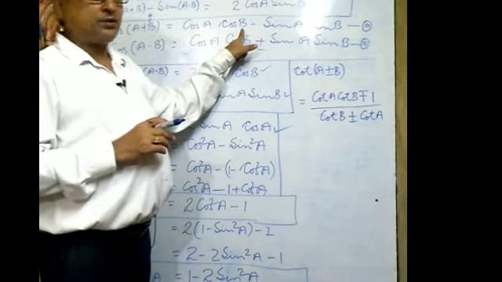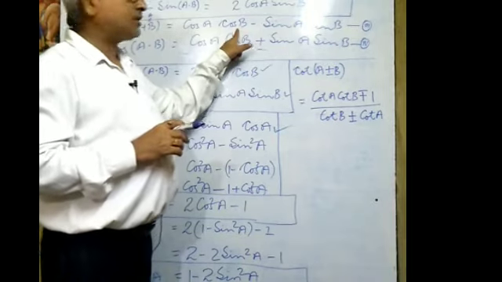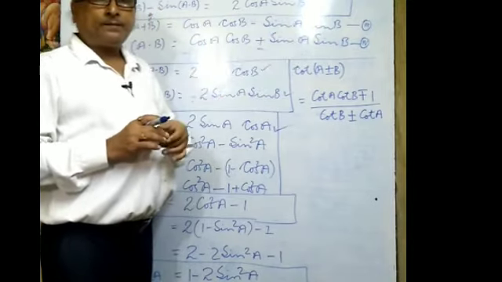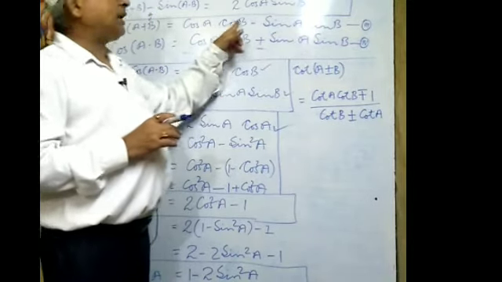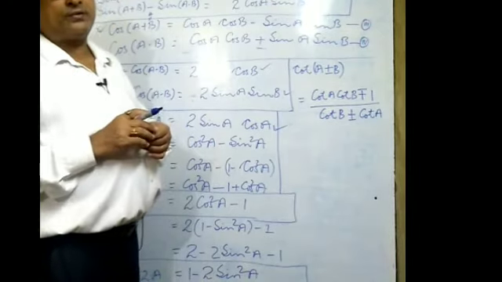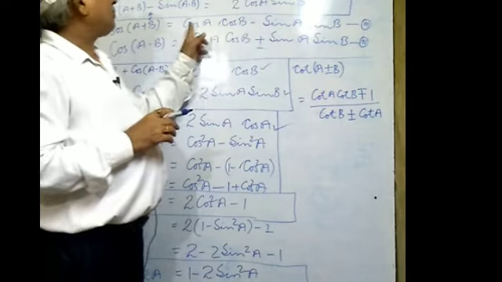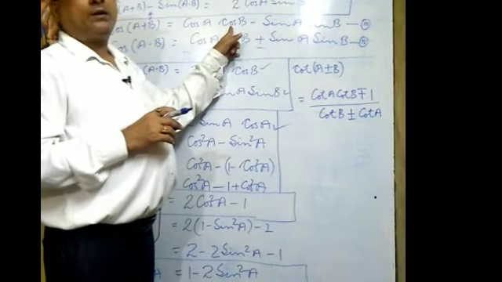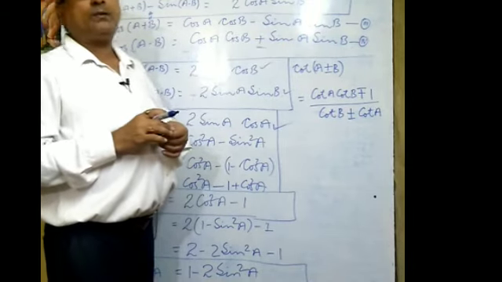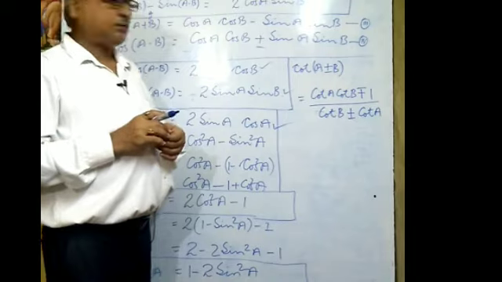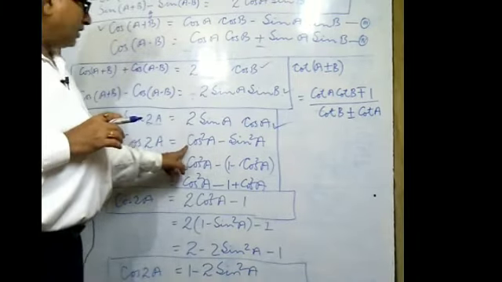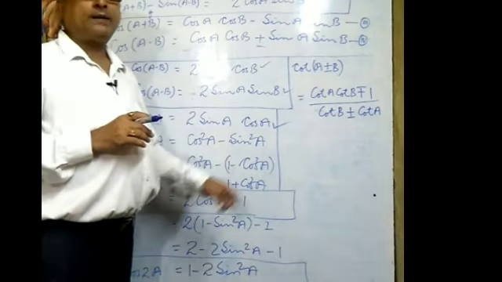If cos A is multiplied by cos A, like x multiplied by x, it will be the square of x. So cos A into cos A is cos square A, and sin A into sin A is sin square A. It means cos 2A equals cos square A minus sin square A.